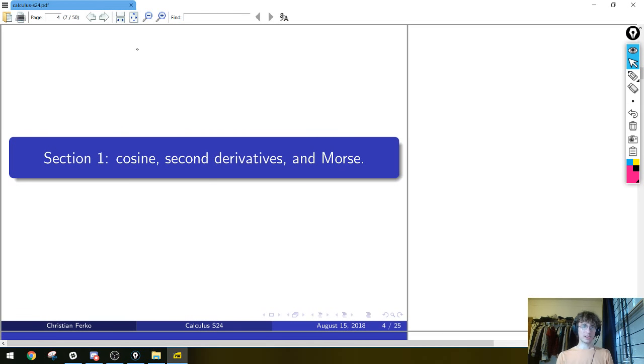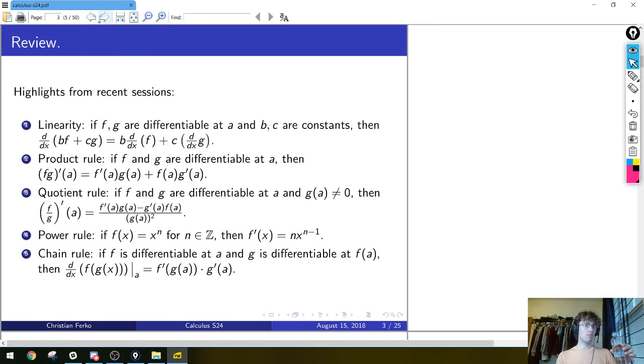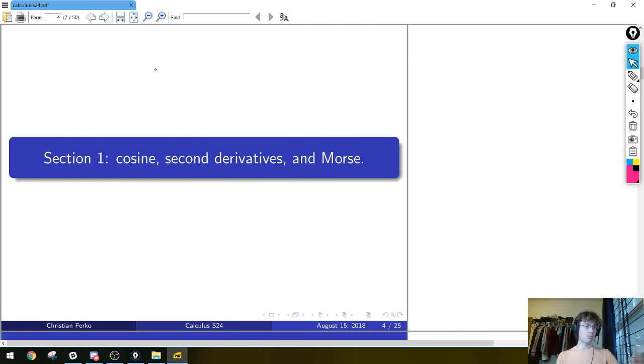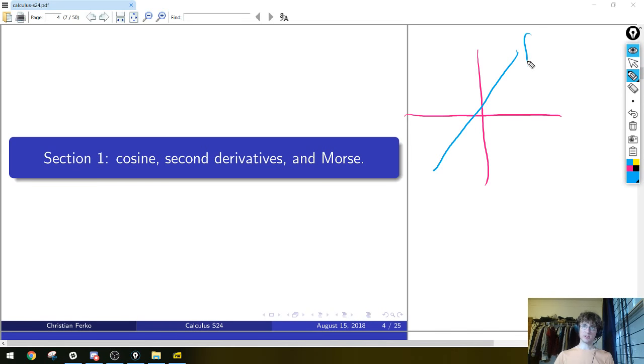So, second derivatives. Before we go any further, why do we? Oh wait, I was about to ask why do we need to do second derivatives if a derivative is a straight line, but that doesn't make sense because it can be not a straight line. Yeah, good question. So here's the function f.